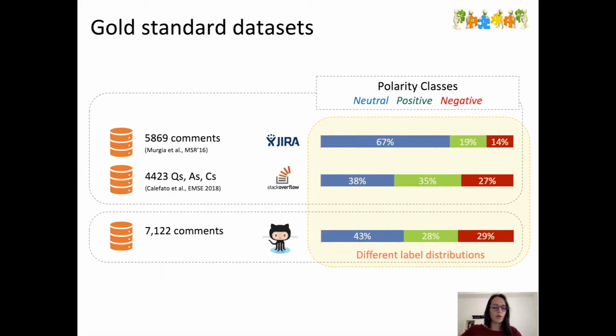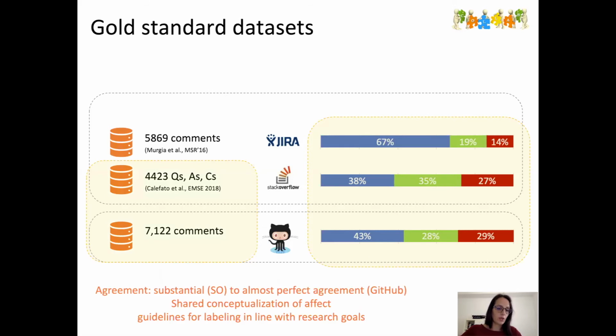And another potential cause could be the robustness of the gold standard in terms of inter-rater agreement, which is substantial to almost perfect for Stack Overflow and GitHub. And another possible explanation is the shared conceptualization of affect for the researchers who developed the GitHub and Stack Overflow datasets.